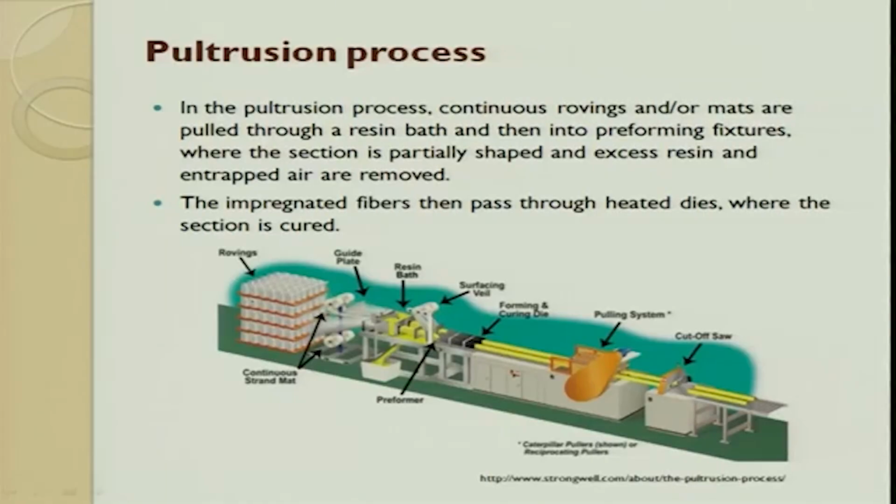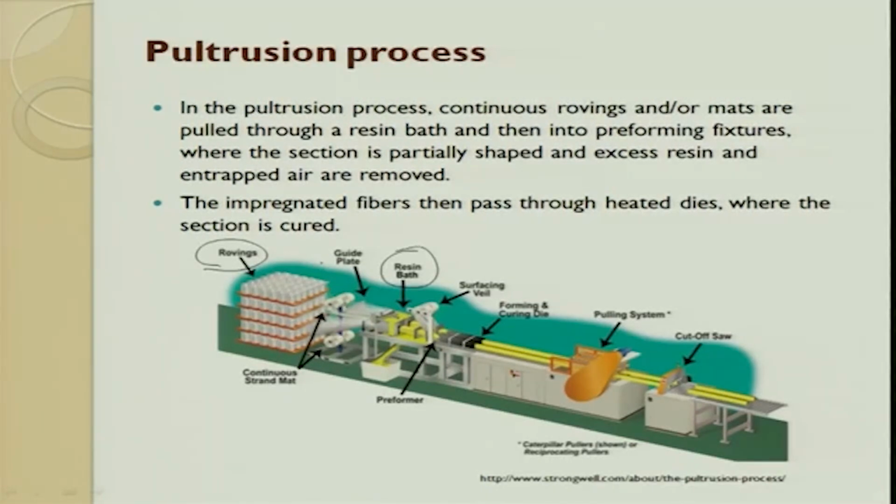The pultrusion process is like this. Here you see the rovings. You can have a combination of glass fiber, carbon fiber, Kevlar, whatever combination you want, you can start putting it here, and correspondingly there are continuous strand mats. Then it gets guided, then it gets into a resin bath.